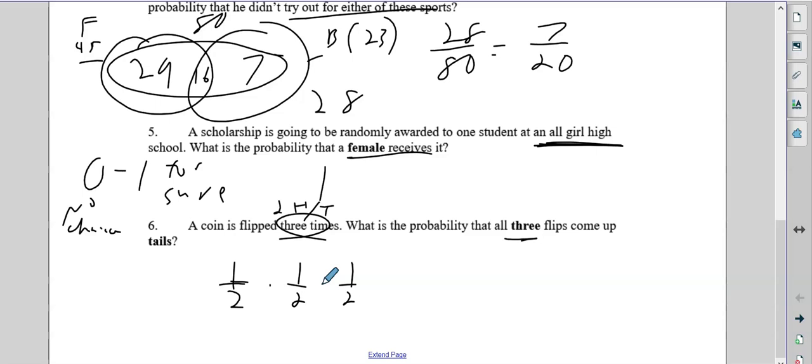So we're multiplying these instead of adding. Okay. So we just multiply straight across the top, and it's a 1 out of 8 chance. So you have a 50-50 chance of getting heads or tails, but you only have a 12.5% chance of all 3 in a row being one or the other.